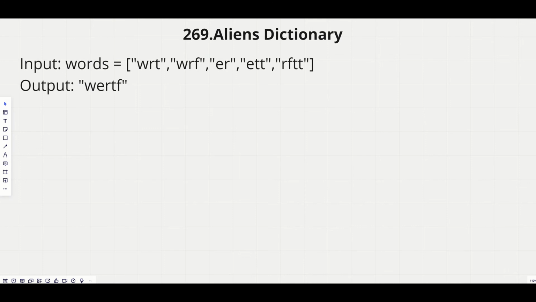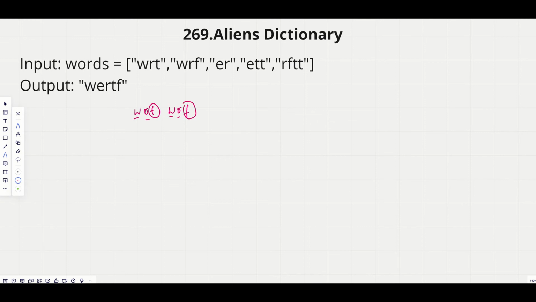So I've copied this one as an example and let's try to figure out what we can do from here. What's the maximum information we can extract from this given information? If you are given two words and asked to compare, say WRT and WRF in a dictionary, what you generally do is compare character by character and find the first differing character, right?